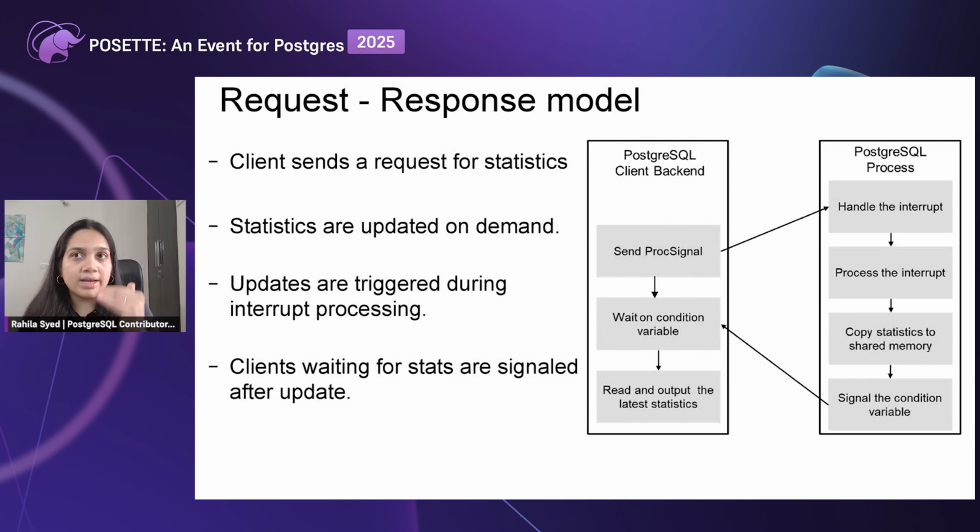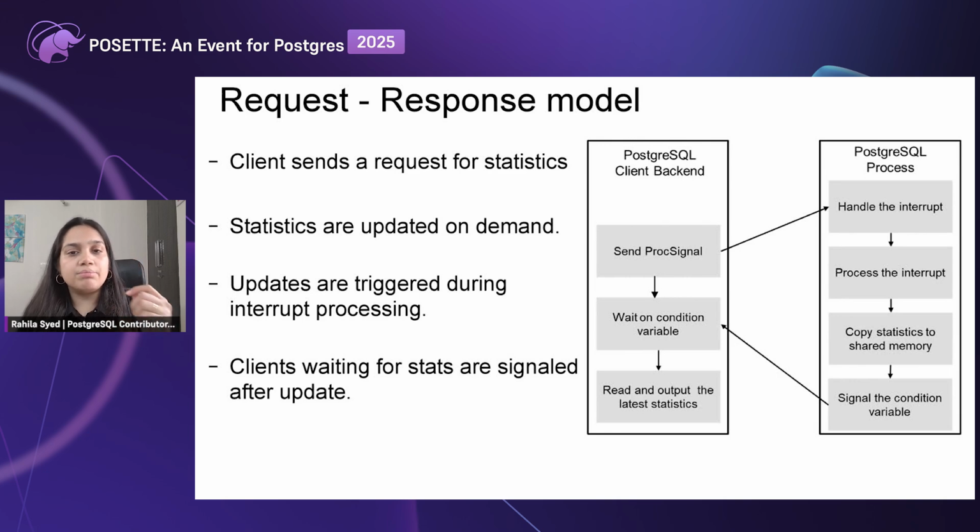The interrupt handler actually goes ahead and sets a bit in the process, which is a global flag. This tells the process that this signal needs to be processed at some point when it is safe to do it.